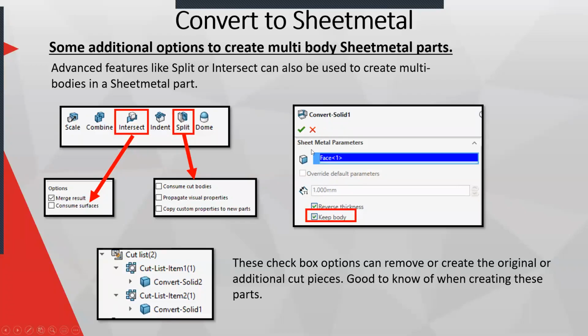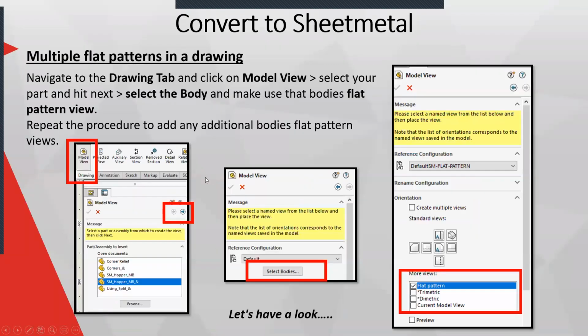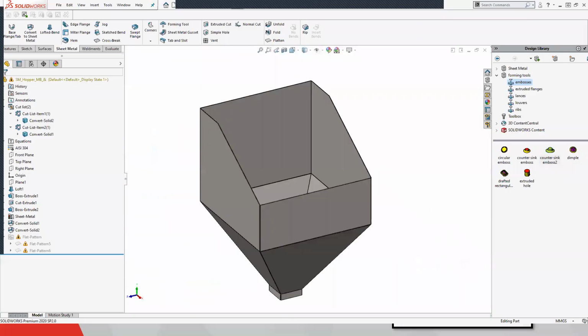The convert to sheet metal has this keep body, which we probably are all aware of. Remember, the aim of this game is to acquire two sheet metal bodies at the end of the day. I'll be then moving over to the drawing side of things and show you guys how to add multiple flat pattern drawings or flat pattern views on your drawing. Let's quickly jump into SolidWorks and just show you what this is all about.